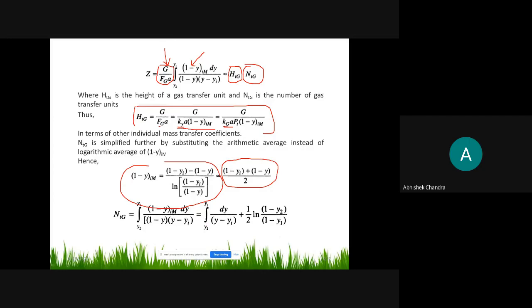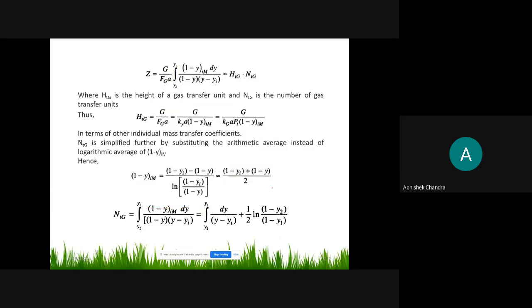So after putting this, when you put it here in place of (1 minus y)im, what will happen? Look, I will write only what is within the integral.